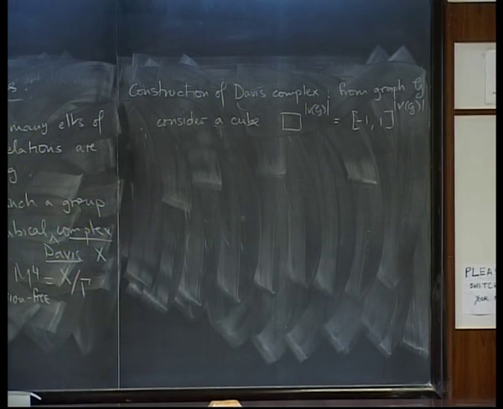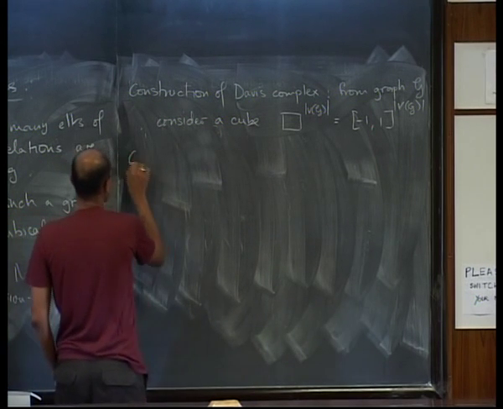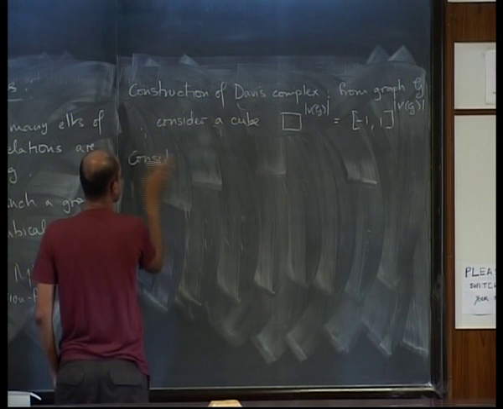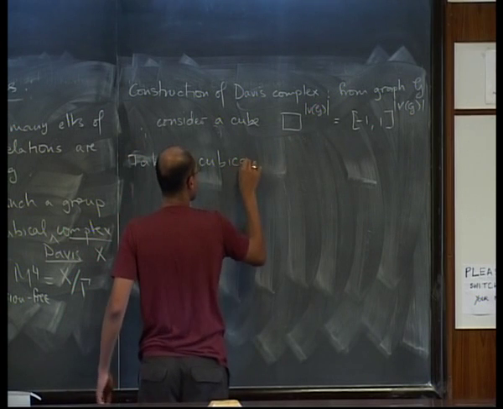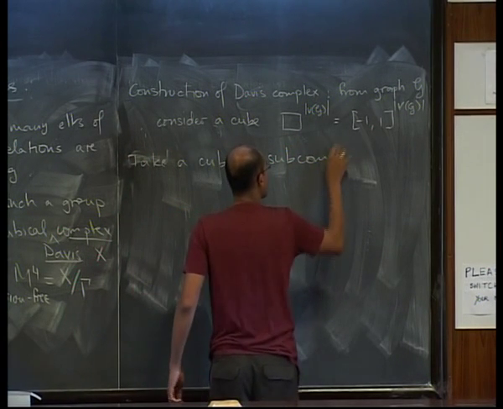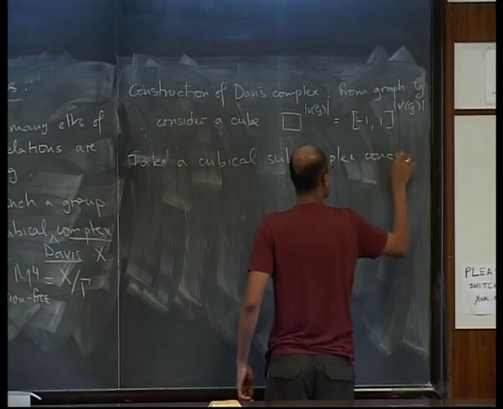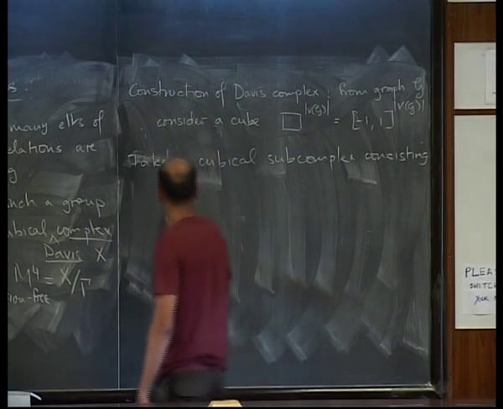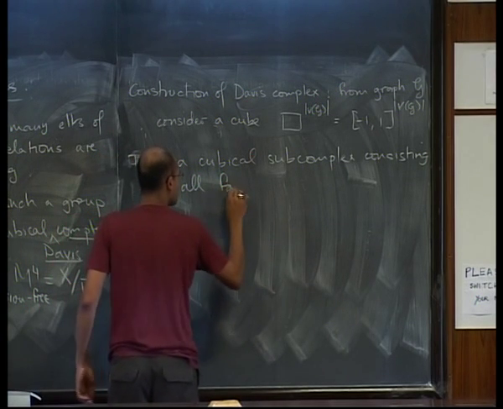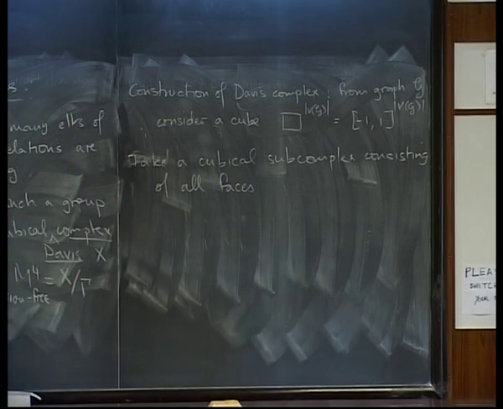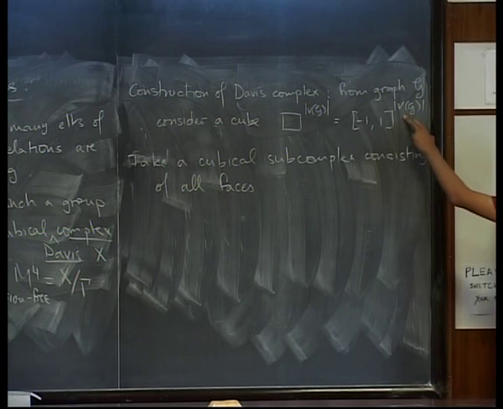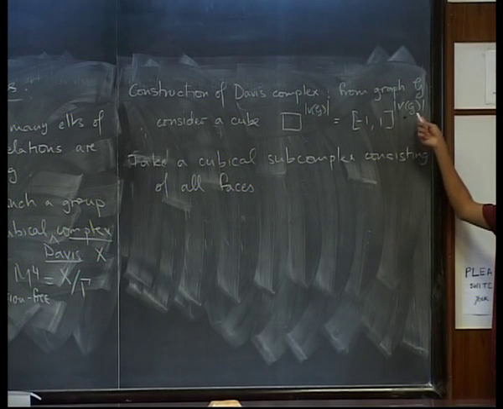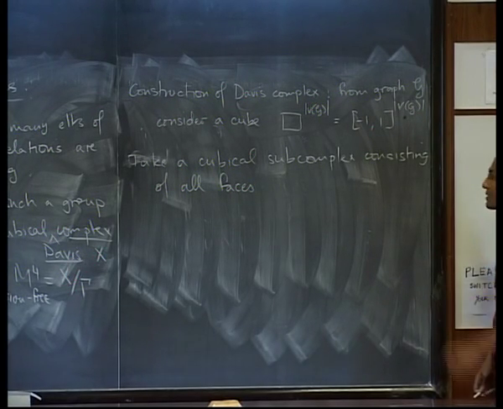And now what you do is take a cubical subcomplex of this cube. If you've got a cube of dimension indexed by the vertex set, to any face of the cube you've got a naturally associated subset of the vertex set, namely the set of directions for that face.